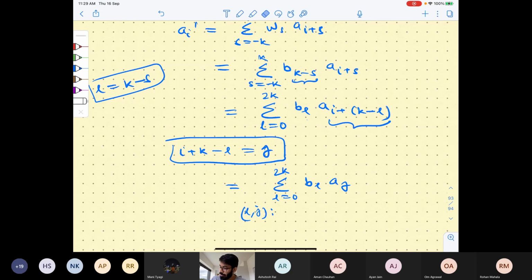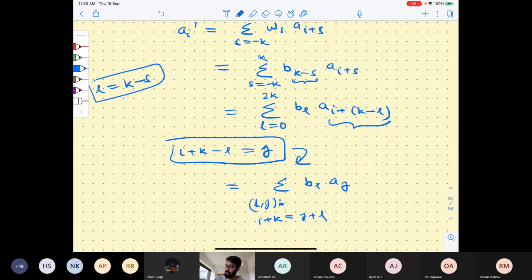So let's remove this and just say that this is L, J pairs such that I plus k is equal to J plus L, right? Because it should satisfy this.